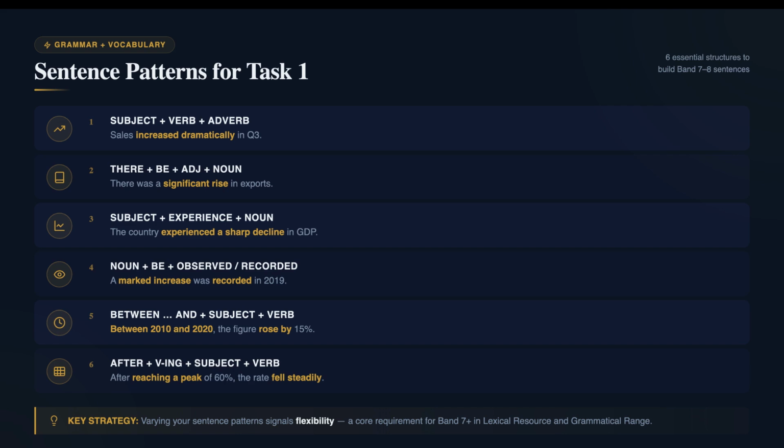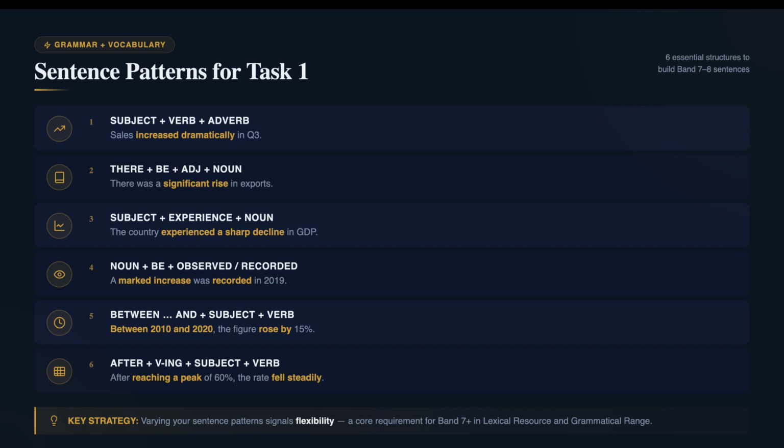Number 2: there, followed by verb to be, followed by adjective, and followed by noun. Let's have a look at this example. There was a significant rise in exports.